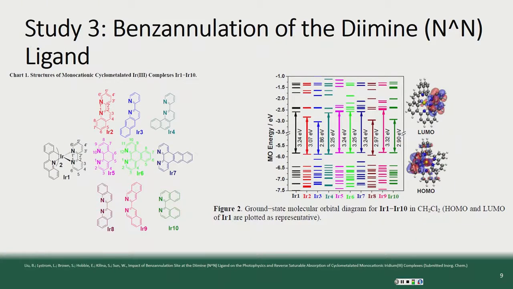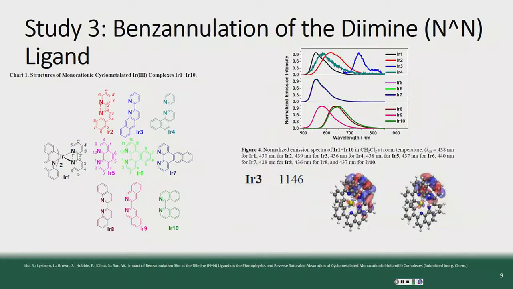So benzoynylation is a good tool to tune your homo-lumo gap and in turn your absorption and your emission. And here we see for a 3 linear system again, we have another pi star transition.